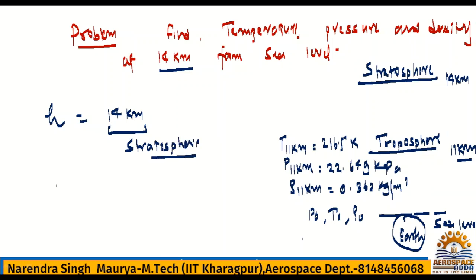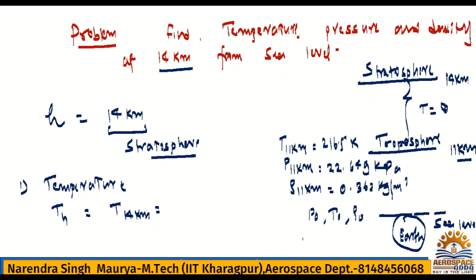So in the stratosphere, first we will calculate the temperature. What is T at 14 kilometer? I told you in the stratosphere the temperature must be constant.